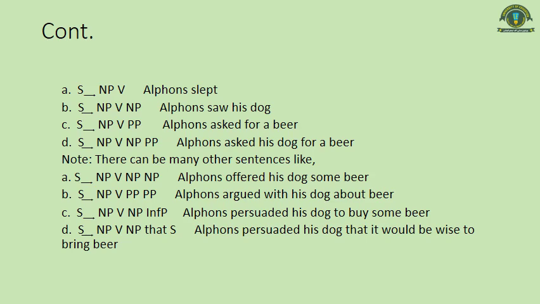The third one, the sentence, is made up of noun phrase, verb and prepositional phrase. Alphonse asked for a beer. And the last sentence under the phrase structure rule is the combination of noun phrase, verb, noun phrase and prepositional phrase, for the sentence, Alphonse asked his dog for a beer.